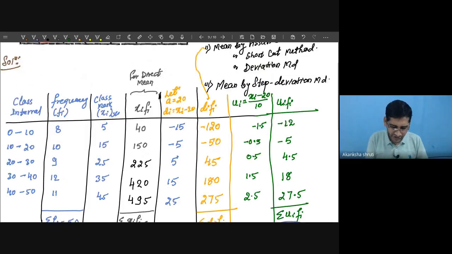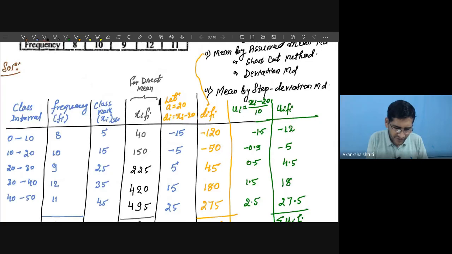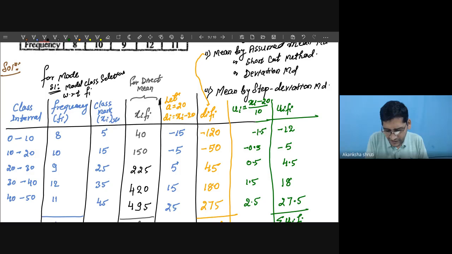So for mode, the first step is model class selection. That model class selection is done with the help of frequency Fi, which is maximum.